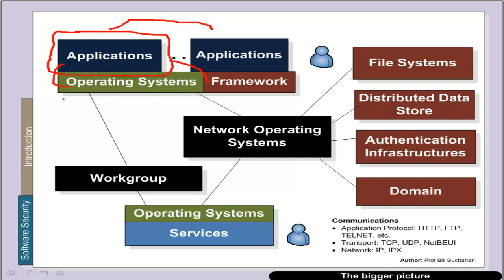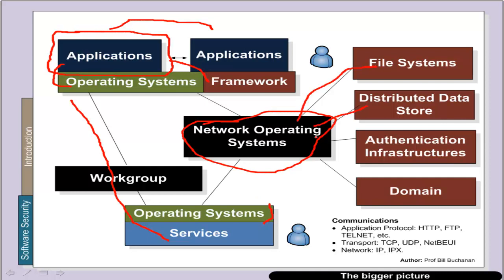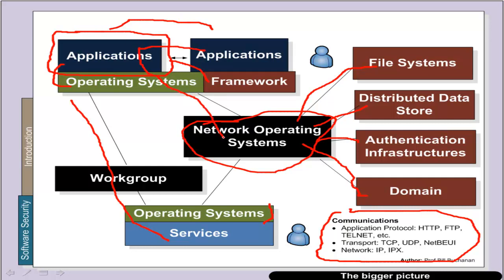They then link to services either through workgroups, which again run on operating systems, or through a network operating system. The network operating system itself provides file systems, distributed data storage, authentication infrastructures, and domains, all through different types of communication protocols such as HTTP for our applications, at the transport TCP, and at the network layer IP. So we can see here that the major problem is how to make sure that all of this is integrated and secure.